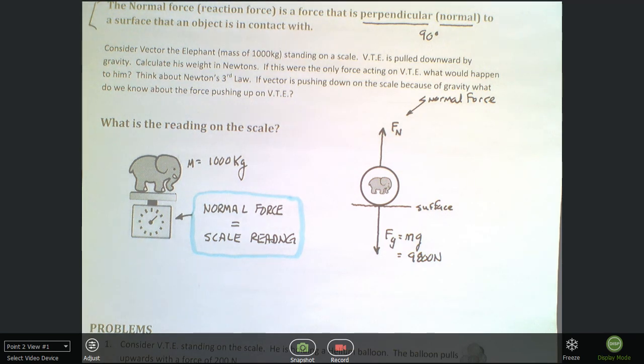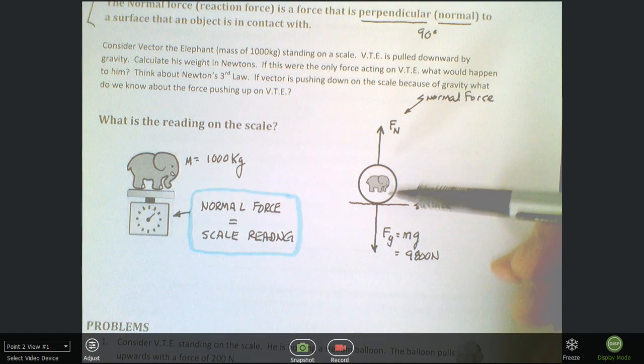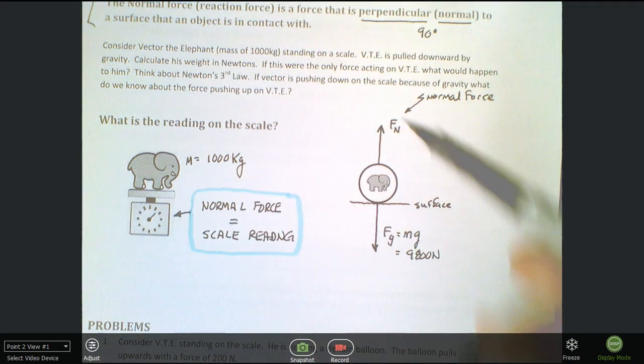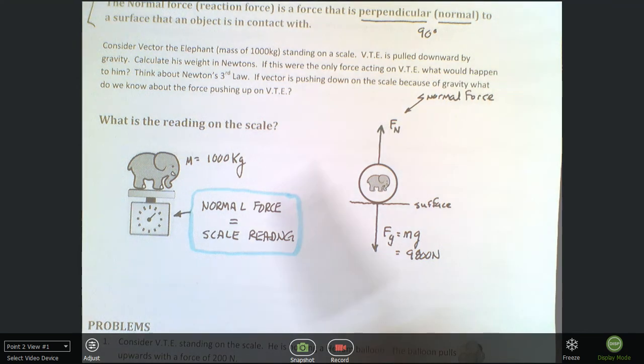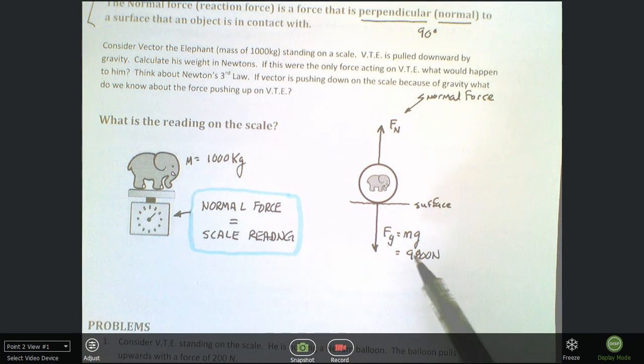It is a force. It's not necessarily your weight, because you could jump onto the scale and the scale will read a lot higher. Well, the reason it's reading higher is because there's a normal force that's bigger than gravity, which is slowing you down and causes you to decelerate. If you accelerate up, the normal force is bigger because you're accelerating up. If you're standing stationary on the object, then the normal force is equal to the weight of the object. Okay?